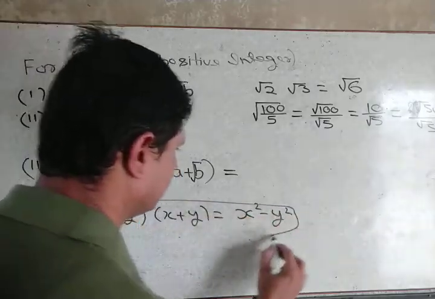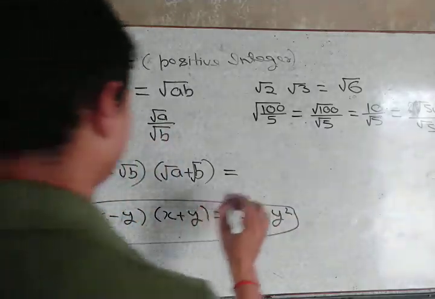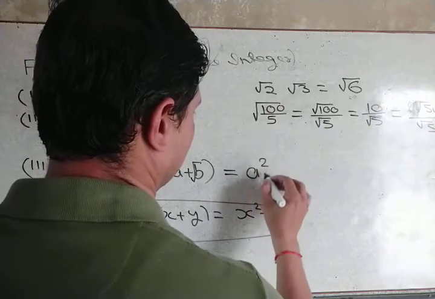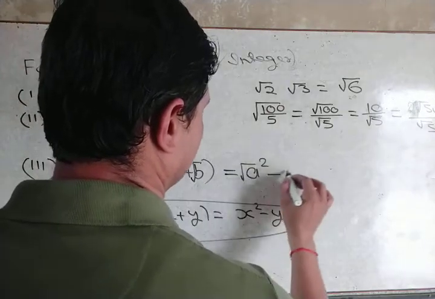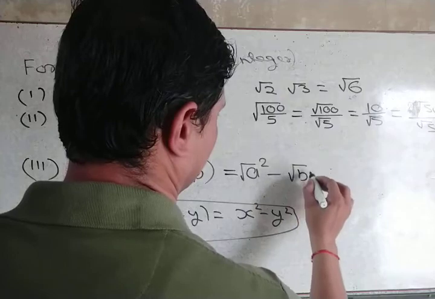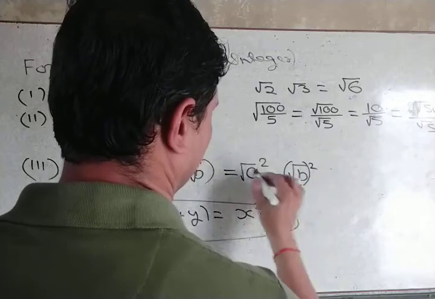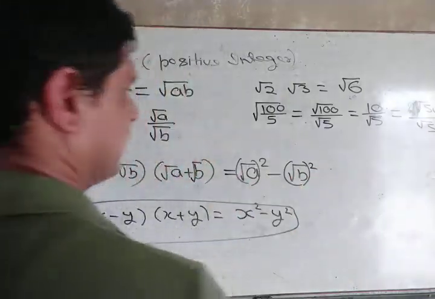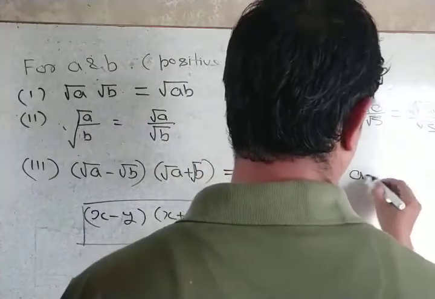On this line, you will get root a square and root b square, which means we have got root over here, and the answer is a minus b.